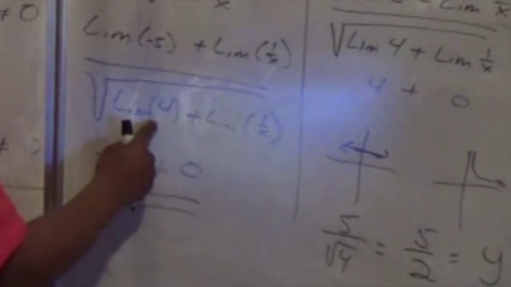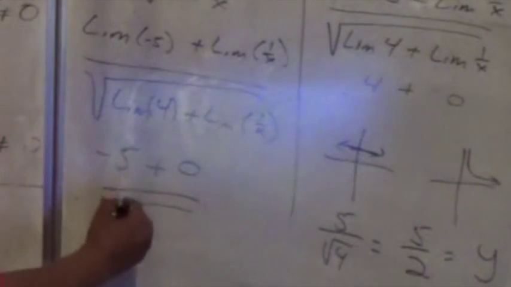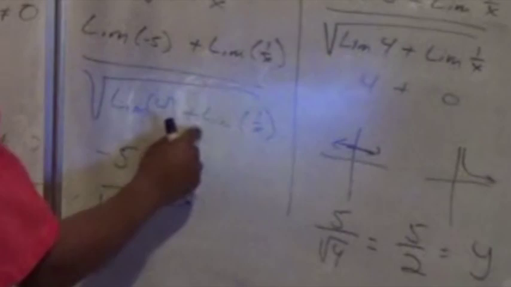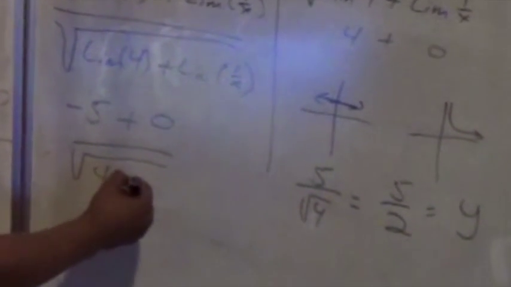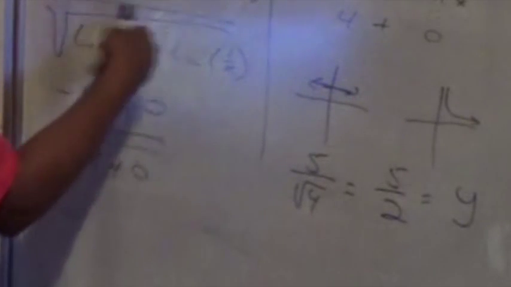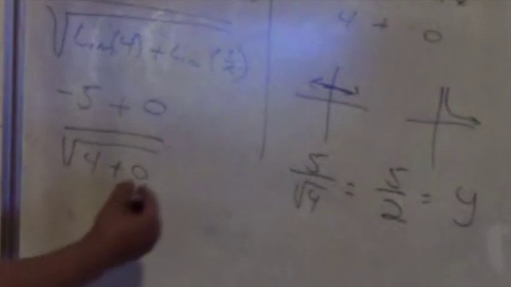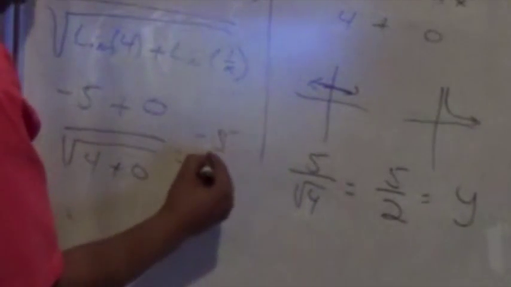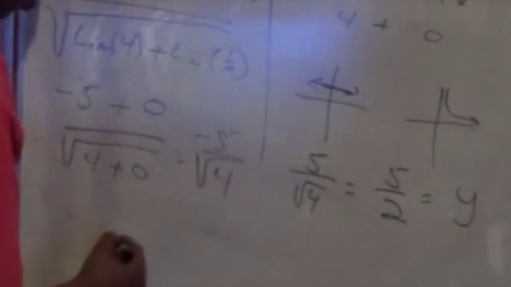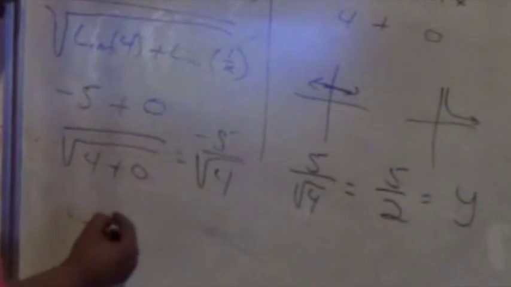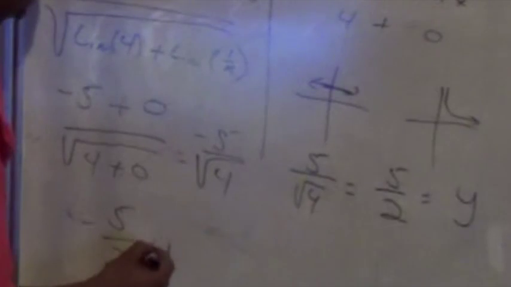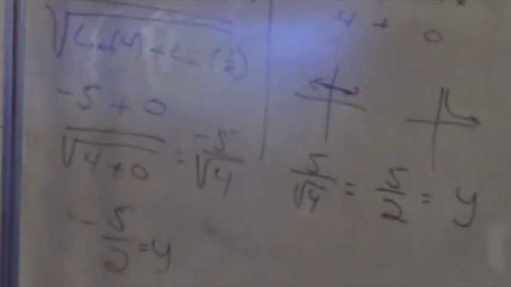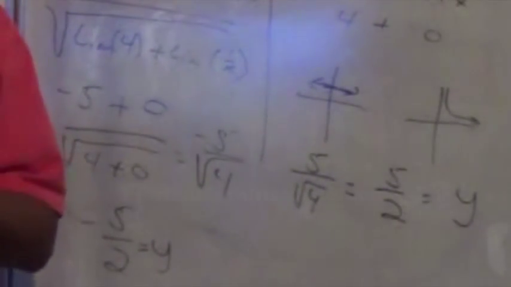The limit of a constant function is the constant, 4. And the limit of 1 over x as x goes to negative infinity will be 0. I hope I said all these go to negative infinity. Okay, so as a result, we're going to end up with a negative 5 over the square root of 4, which ends up being negative 5 over 2. And that's going to be our horizontal asymptote as we go to the left.